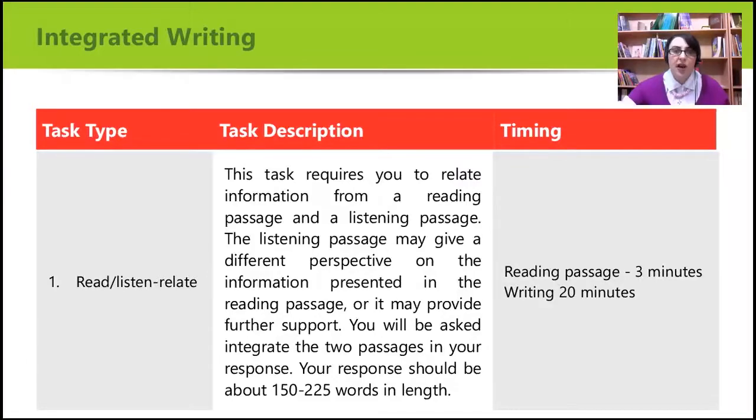This task requires you to relate information from a reading passage and a listening passage. The listening passage may give a different perspective on the information presented in the reading passage. Generally, it opposes, okay? So the reader opposes or the listener, it depends.